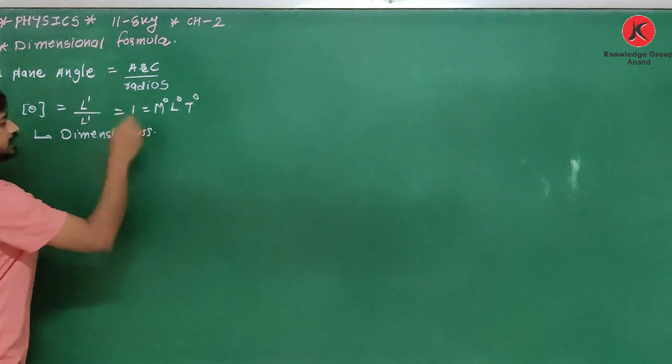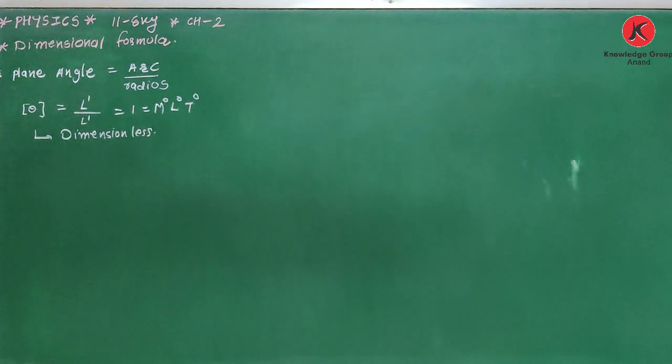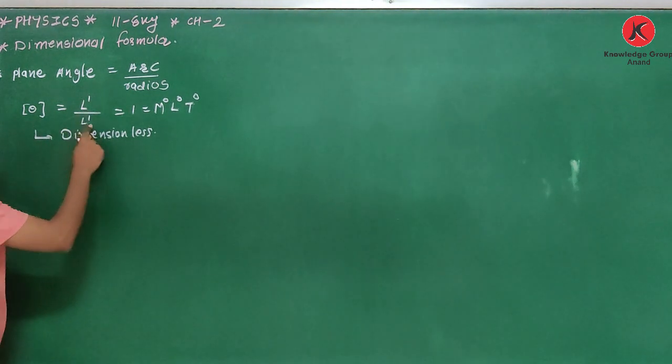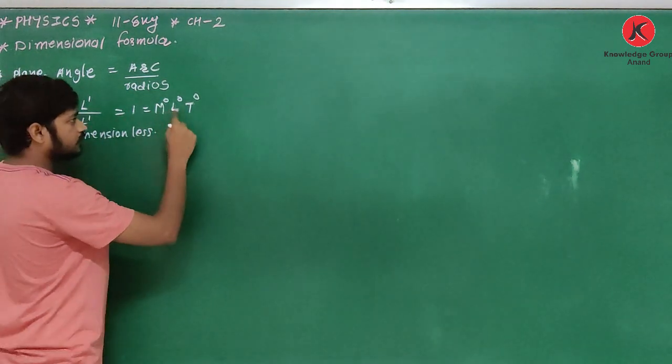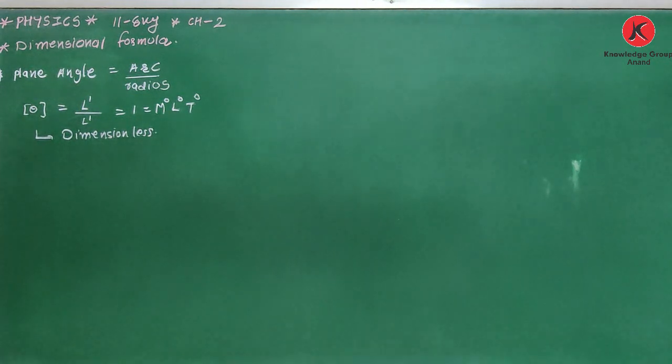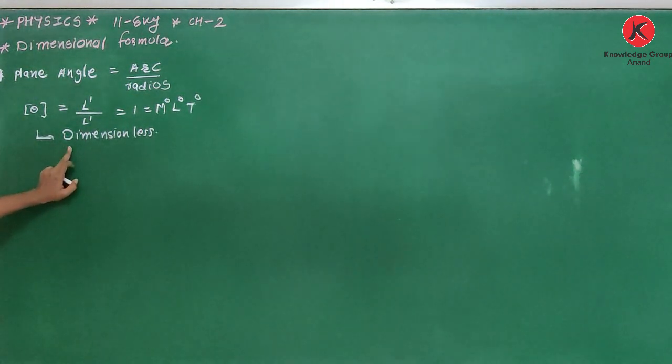You have to remember this: if the dimensional formula is 1 or M0, L0, T0, then it is called dimensionless.